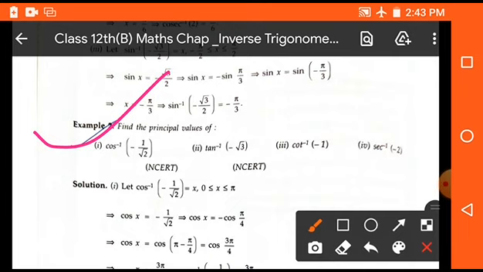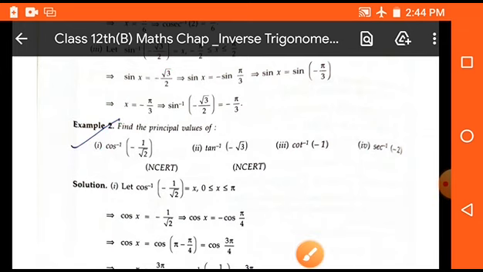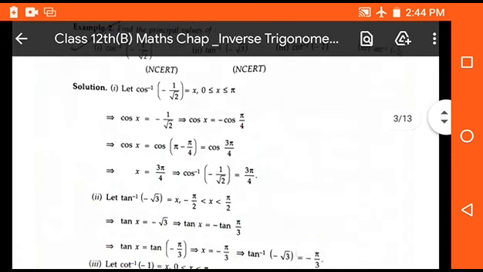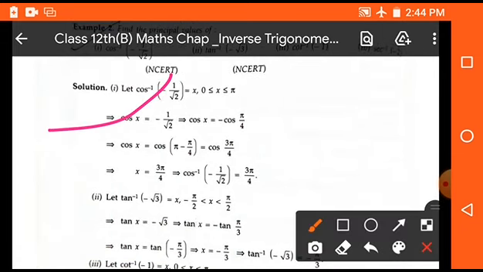See students, the first example is cos inverse minus 1 upon under root 2, and here we have to find the principal value of this function. Now student, we can put cos x equals minus 1 upon under root 2, because cos inverse in bracket minus 1 upon under root 2 can be written as cos x is equal to minus 1 upon under root 2, and we know that 1 upon under root 2 is the value of cos in the case of 45 degree.